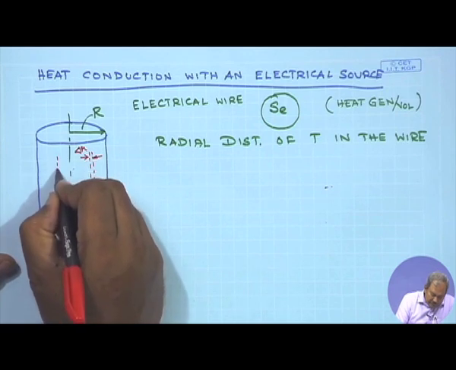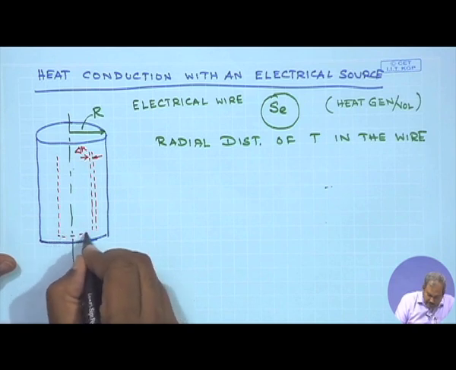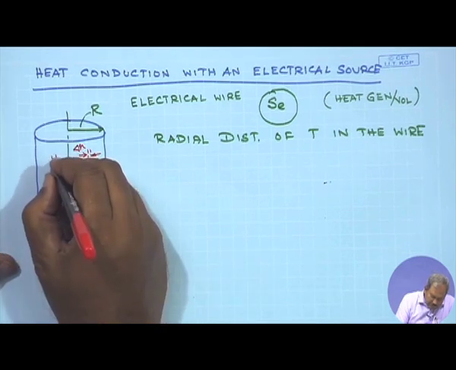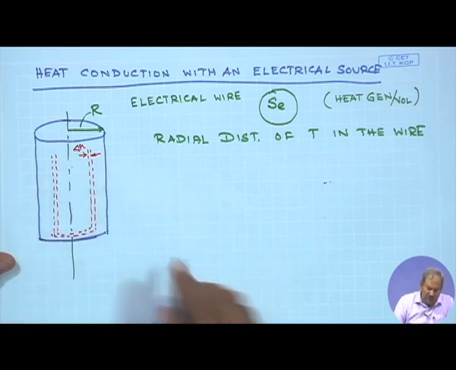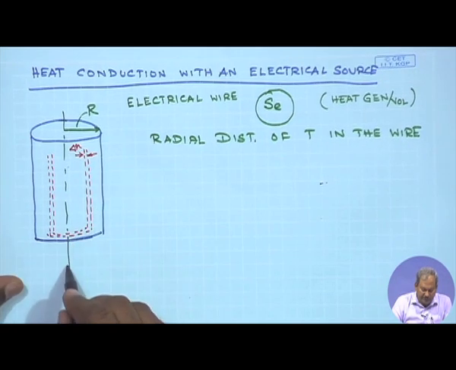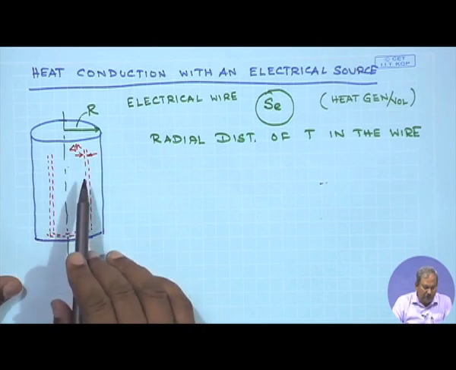So, on this side also, this is the shell, a cylindrical shell, which is coaxial with the axis of the electric wire, and we are talking about this shell.